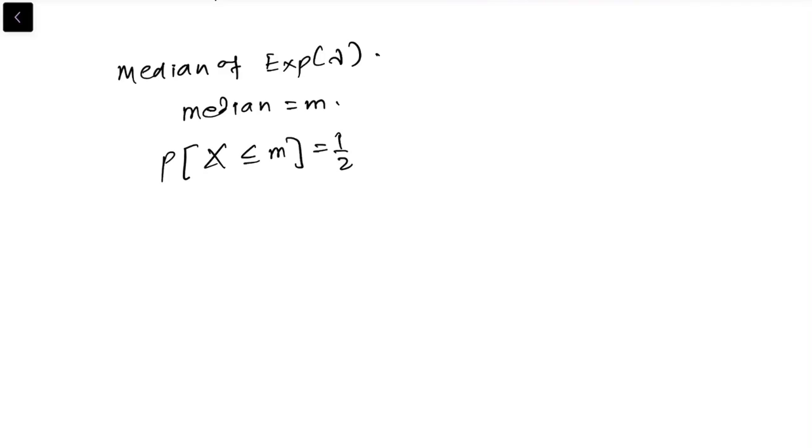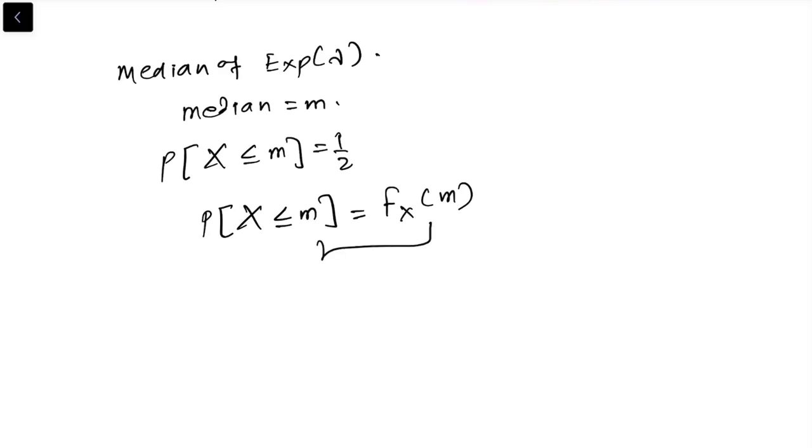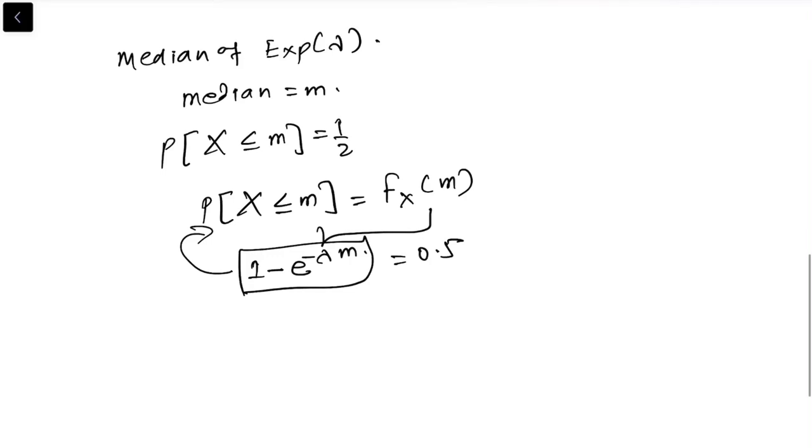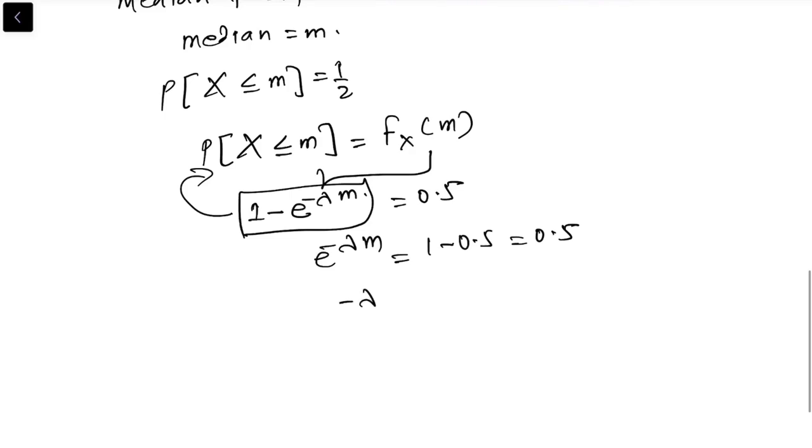We can write probability X less than or equal to m, and this is the CDF, so 1 minus e to the power minus lambda m equals 0.5. So you can find the value of m. e to the power minus lambda m is equal to 1 minus 0.5, which is 0.5. You can take log on both sides, so minus lambda m equals log 0.5.